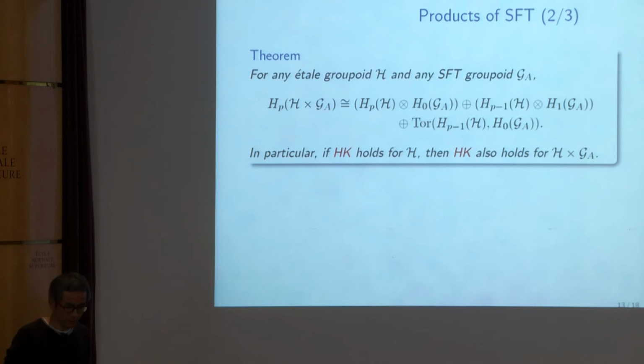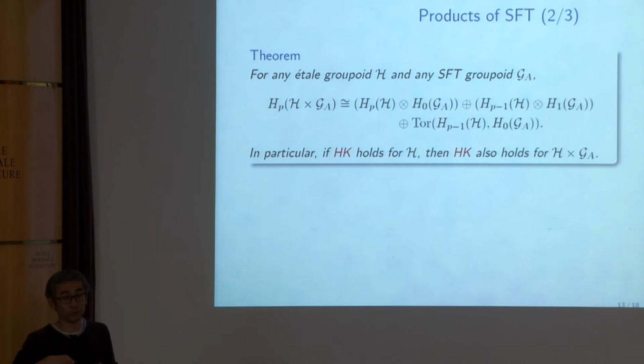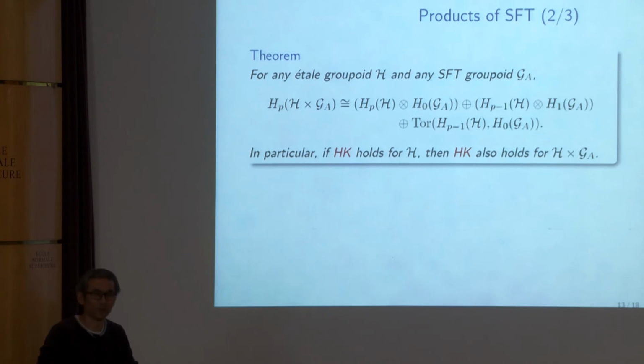And I think for general H and general G, there should exist some Künneth formula, probably, like the case of discrete group homology. But I don't know, because it's a bit of a difficult problem, since when I was a student, I didn't take a course in homological algebra. So this is also an open problem.